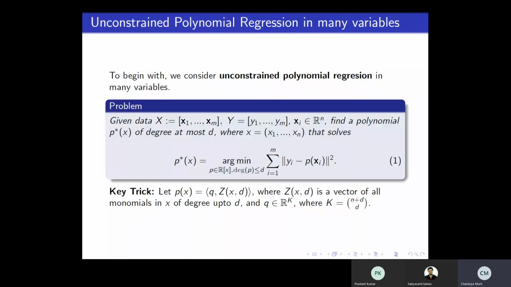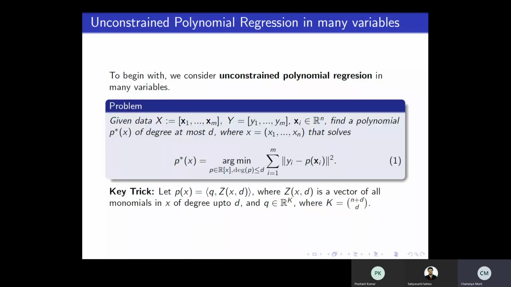Well, the key trick is that polynomials are linearly parameterized in terms of the monomials. Here z is a vector of monomials. If you take n equal to 2 and d equal to 2, this vector will be 1, x, y, y squared, xy, x squared.